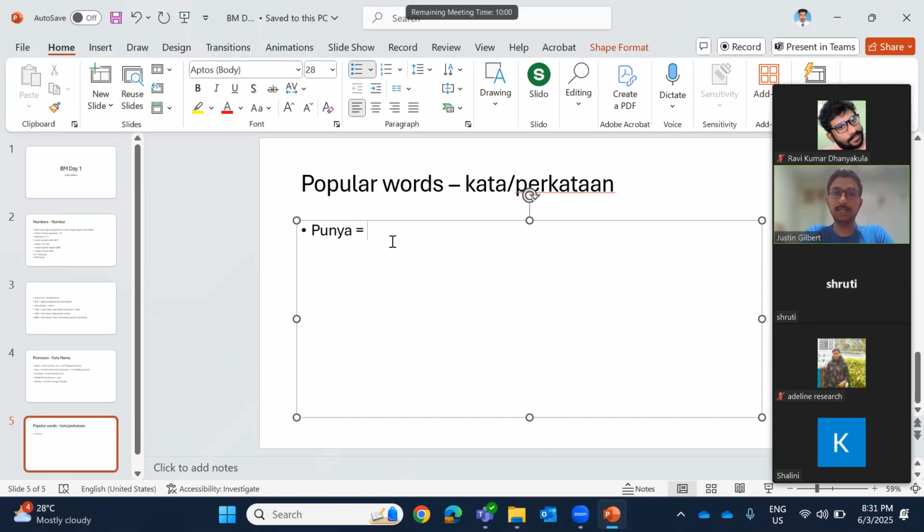But if I use it in a sentence, for example, saya punya means mine. You can put any of the words that we saw in the previous slide in front of punya and it becomes that person's property.